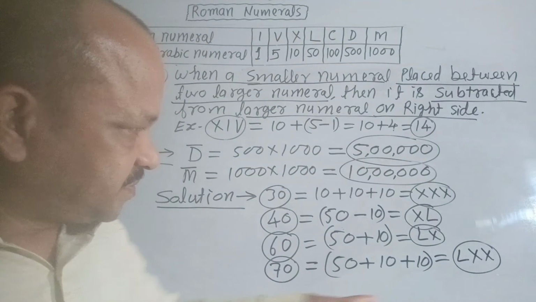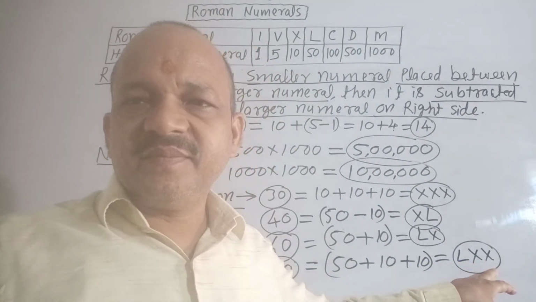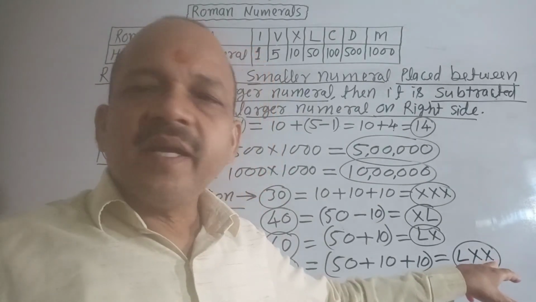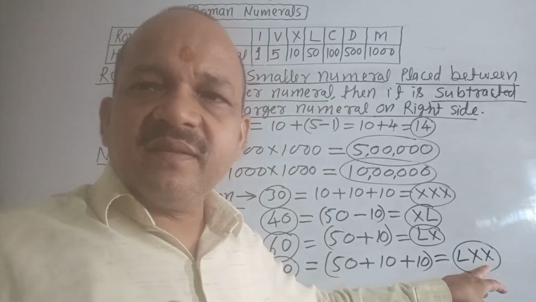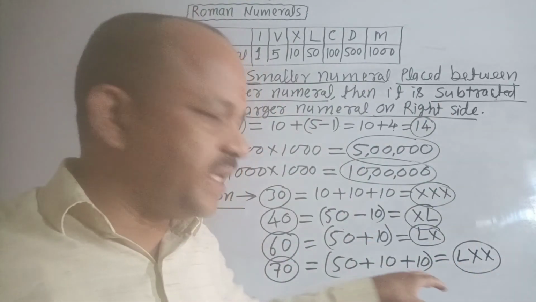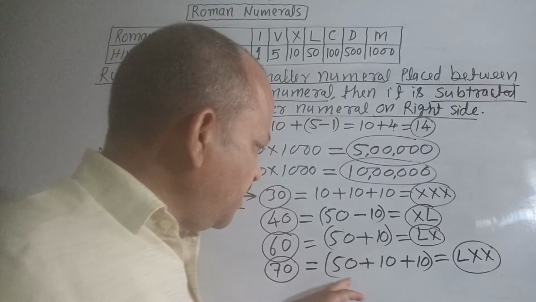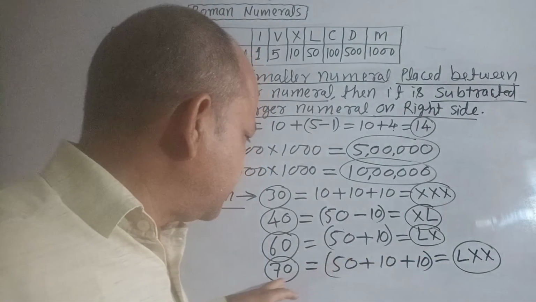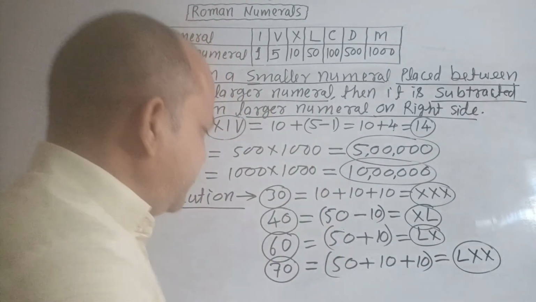Here L is larger, X is smaller, and X repeated 2 times. Smaller numeral on right side of larger numeral. So you add it according to rule. It becomes 50 plus 10 plus 10 equal to 70. Clear? 49.